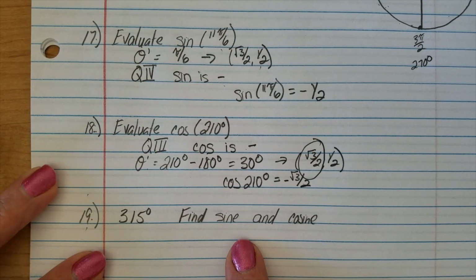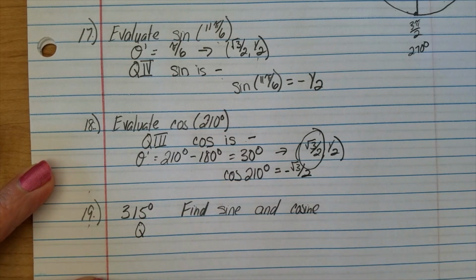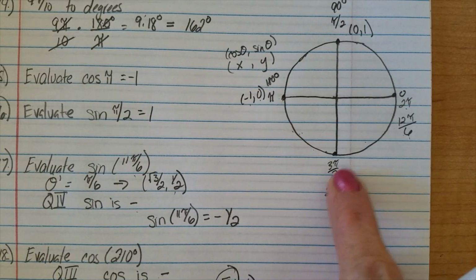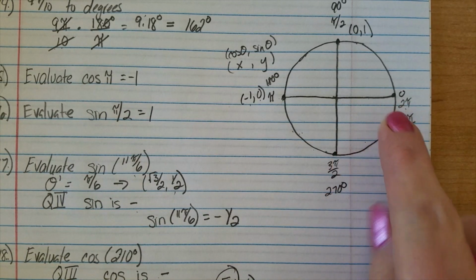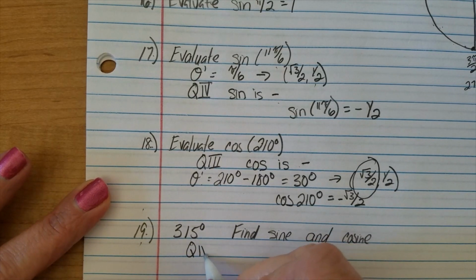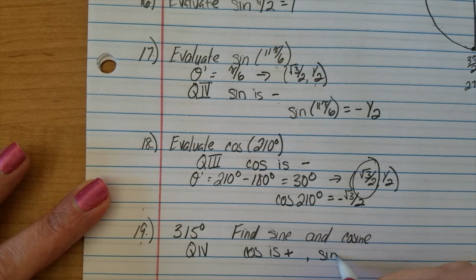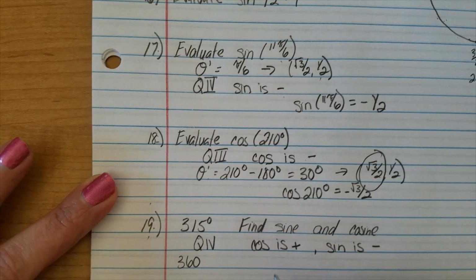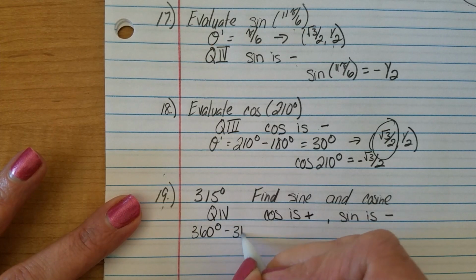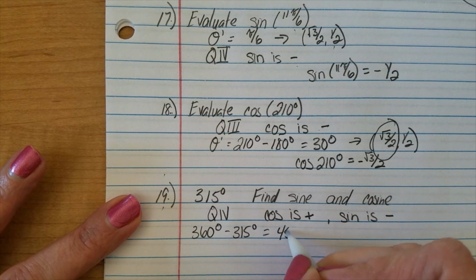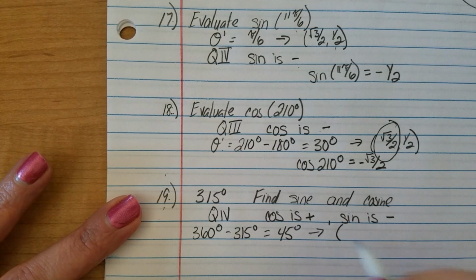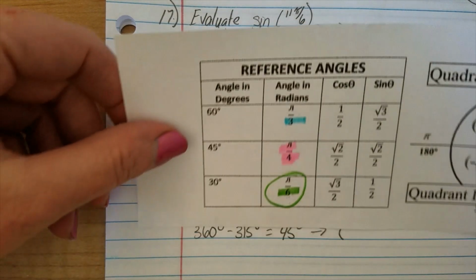315 degrees. Let's start out with quadrant. 315 degrees is greater than 270 degrees, but it's less than 360 degrees. So we're in quadrant 4. And if we're in quadrant 4, cosine is going to be positive, but sine will be negative. So let's find the reference angle. 360 degrees minus 315 degrees, 45 degrees, which again gives us that lovely chart.